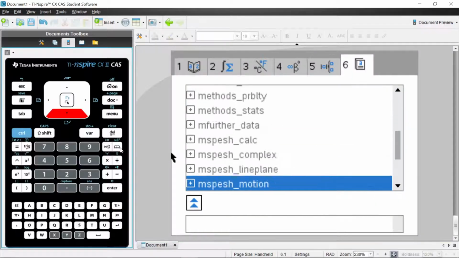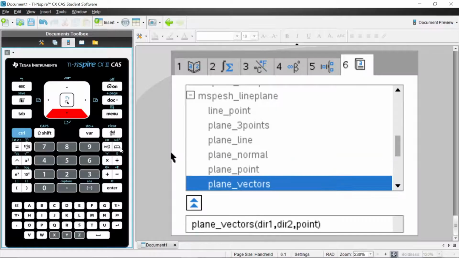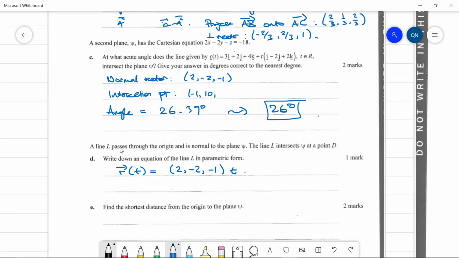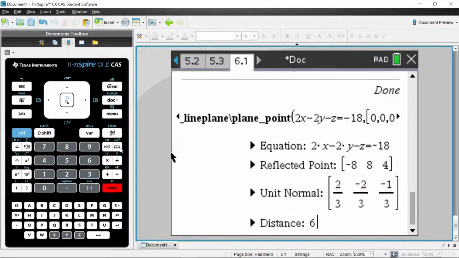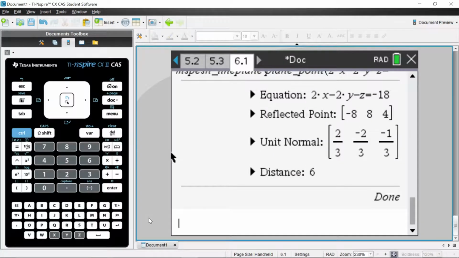I want points and plane. So I'm going to go to plane points, and then type in that plane again: 2x minus 2y minus z equals negative 18. And the point I'm interested in is 0, 0, 0, the origin. Distance is 6. How do you show the working out though?